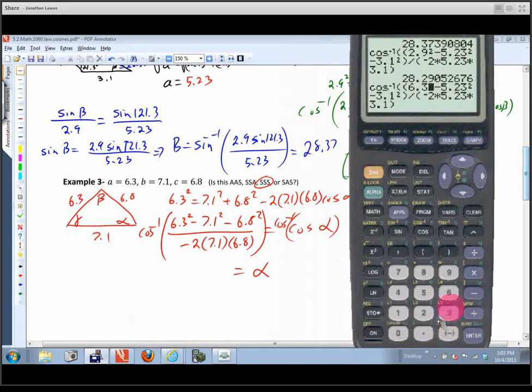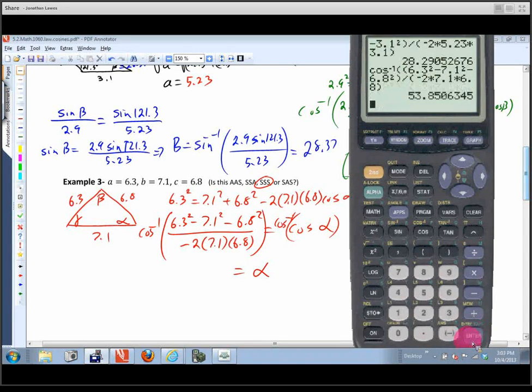So 6.3 minus, this is 7.1. I'll delete that because I don't need that decimal place. This next one is 6.8. And then over here, we're going to have minus 2 times 7.1. Delete that again. And you'll notice that I'm replacing things in kind of a uniform fashion here. And that's going to show up again in just a second. So this is 6.8. Got everything typed in there correctly.